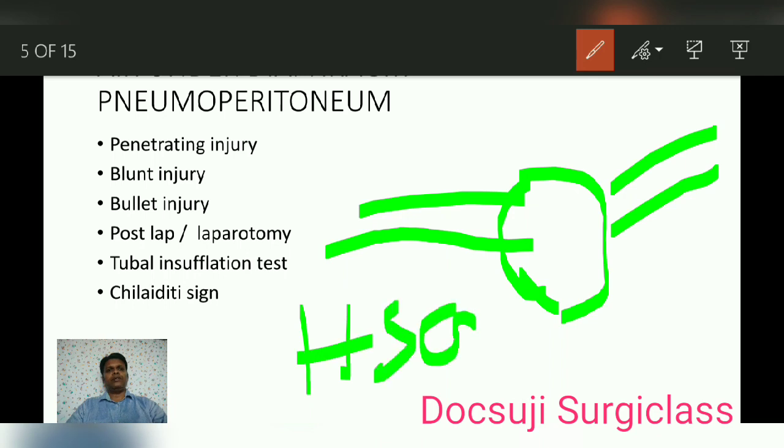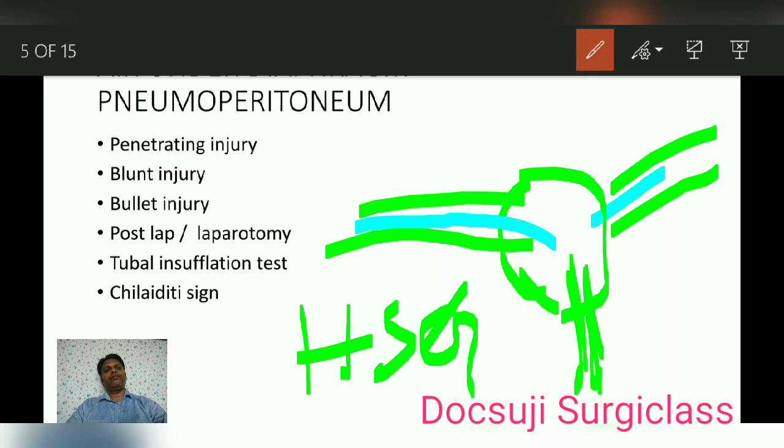You inject the dye or inflate the air to assess the patency of the fallopian tube. Because the fallopian tubes communicate with the peritoneal cavity, you can get air under the diaphragm. So this is one of the diagnostic tests where you can get air under the diaphragm.